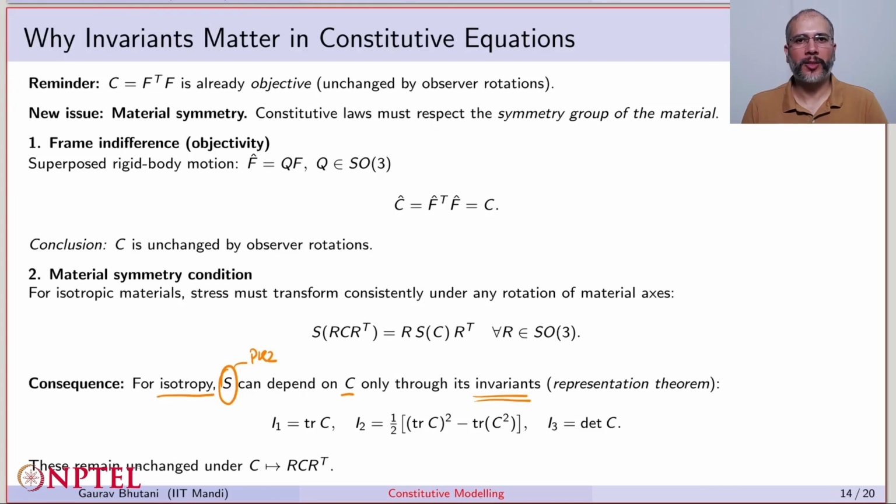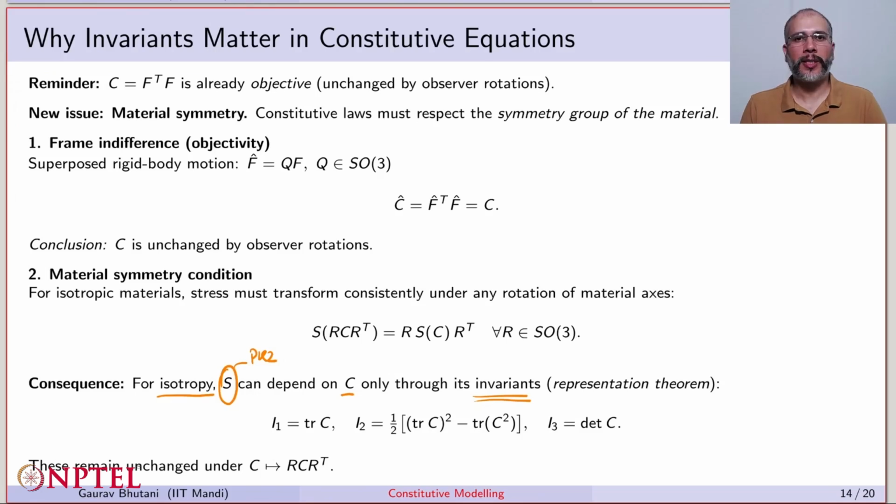Because in that case, depending on the rotation I give to the material coordinate system, my components of C will change, because the components of C change for material rotations, although they are objective, so they don't change for spatial rotations. But you can check that if you rotate the material coordinate system, then C changes to a C prime.